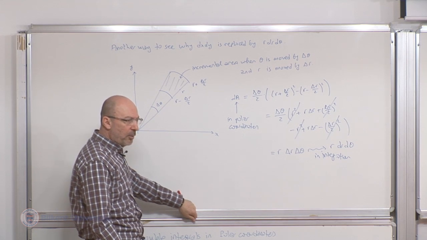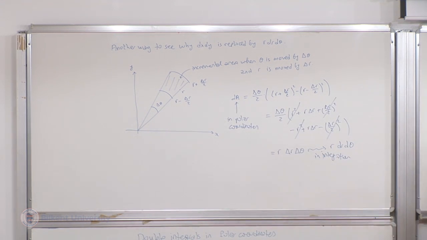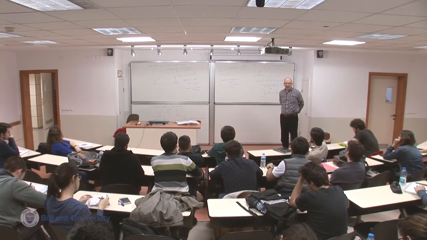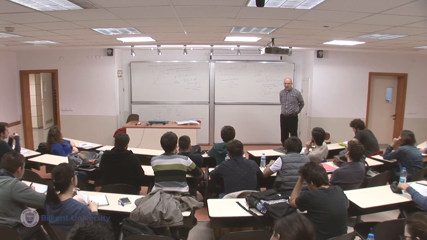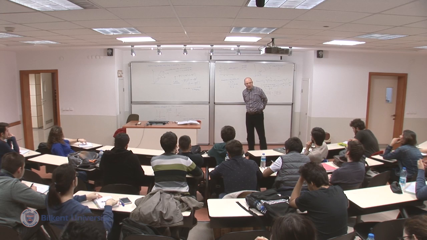So I will get a cubic in deltas, and I will try to convince you that when delta r and delta theta are very small, less than 1, then their cubic is negligible when compared to the square, which is correct. But in calculus, some of those negligible things add up to a very respectable value. So why doesn't it add up to a respectable value here? I can't explain it.